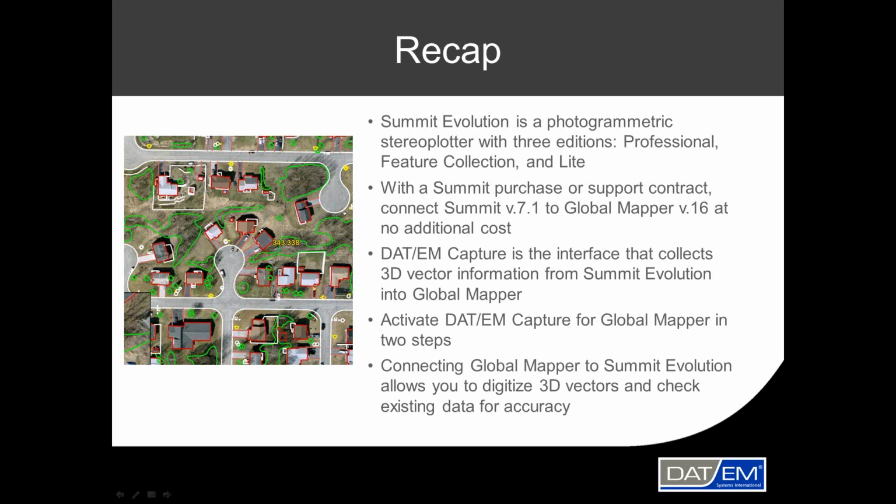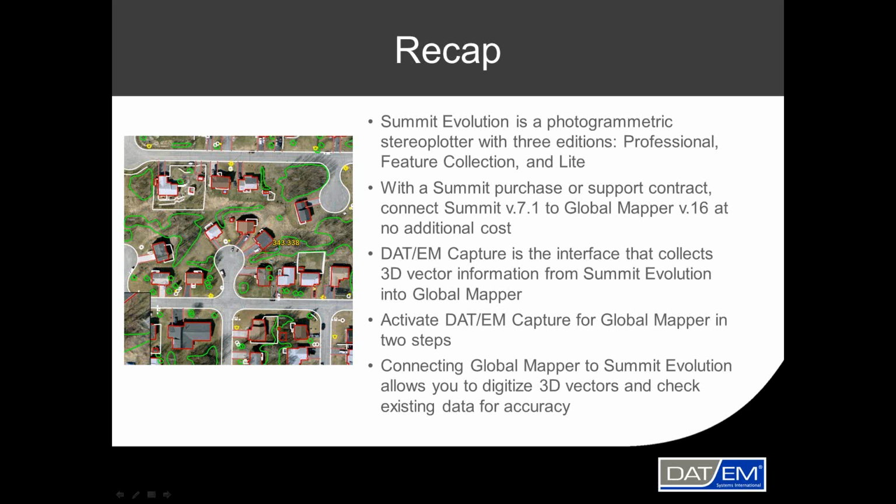Datum Capture is the name of the interface between the stereo plotter and Global Mapper. So we call it Datum Capture for Global Mapper. And then it's very easy to activate the extension. It's almost just a method of just installing it and checking on the checkbox to use the extension.